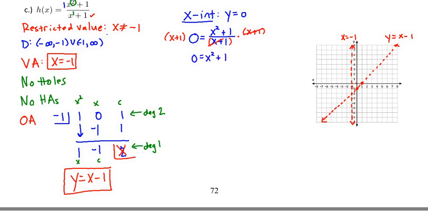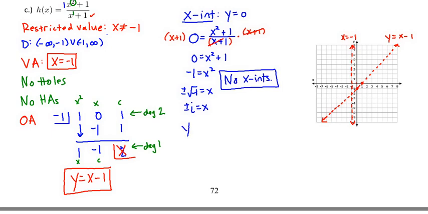Now, notice in this case, if I solve this equation with the square root property, I'm going to get plus or minus square root of -1 or plus or minus i for x. Imaginary values don't show up in the real plane, so how do we interpret this? This simply means there are no x-intercepts for this graph.